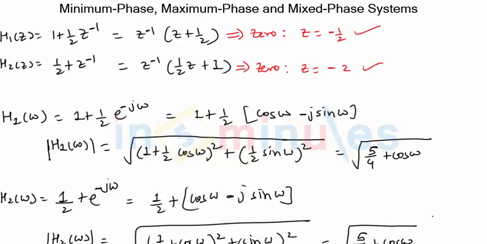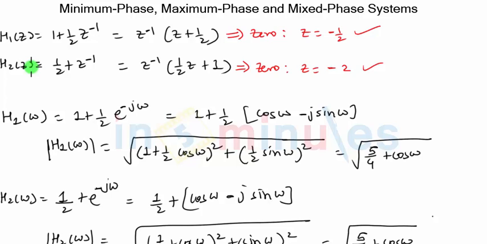Now, if you don't want to go through all this plotting of the phase spectrum and then figure out whether it is minimum phase or maximum phase, we can simply look at the positions of zeros. If the zeros are inside the unit circle, which was the case for H1(z), the system will always be minimum phase. And if the zeros are outside the unit circle, which was the case for the second system, then the system will always be maximum phase.